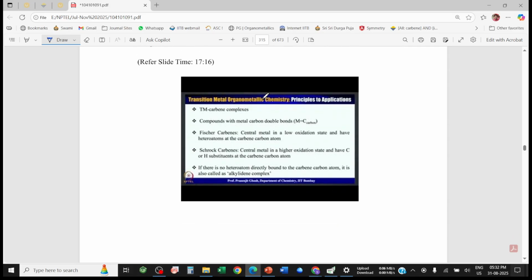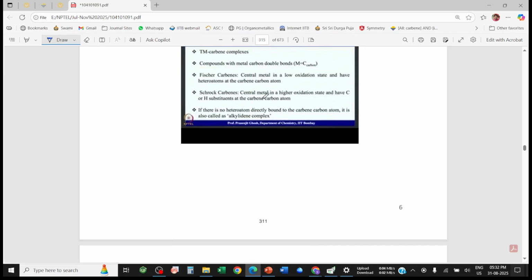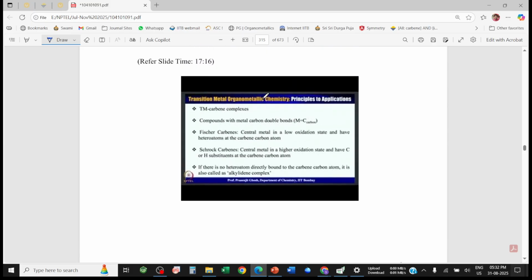And last we discussed the transition metal carbene complexes. That means two types of carbene are there, Fischer type carbene and Schrock type carbene. Fischer type carbene contains a heteroatom, whereas Schrock type carbene contains either hydrogen or carbon, that is, an alkyl group.